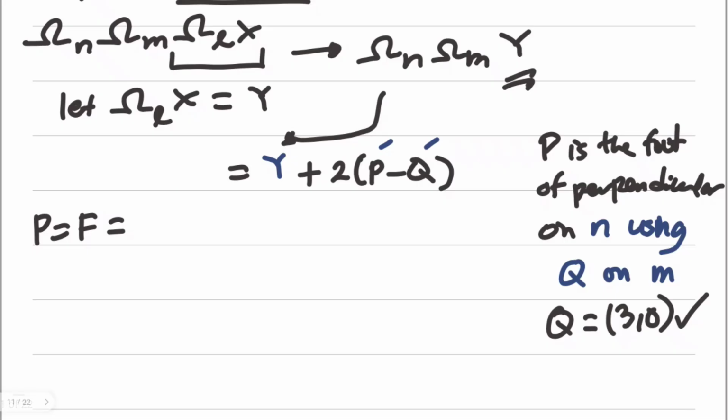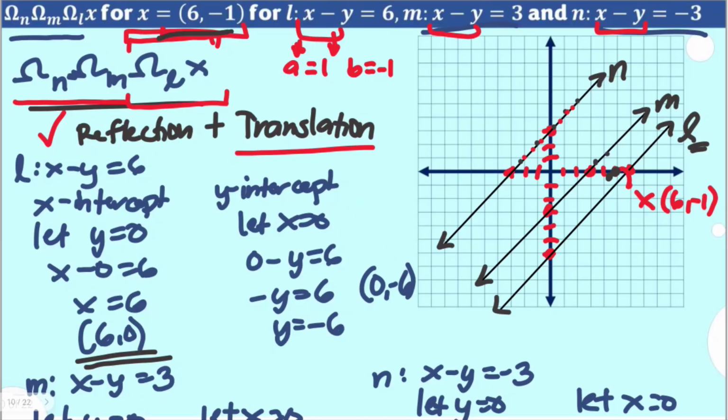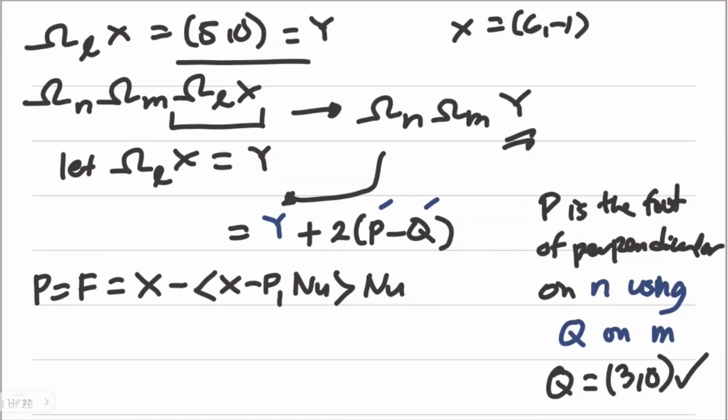The foot is actually identified by the formula x minus the inner product of x minus p in the same unit normal vector, and then you have here the unit normal vector. But take note, again, we are no longer using x. At the same time, in the context of translation from this point on, we will not be using x anymore, but we will be using this point to represent our point after reflection.